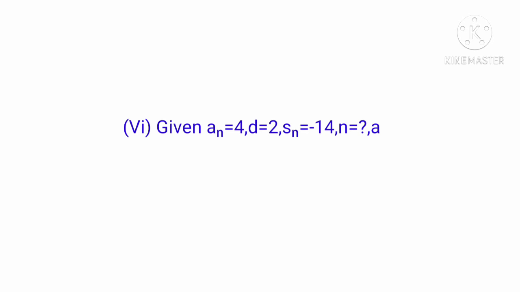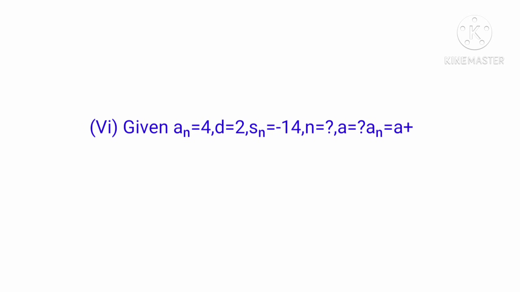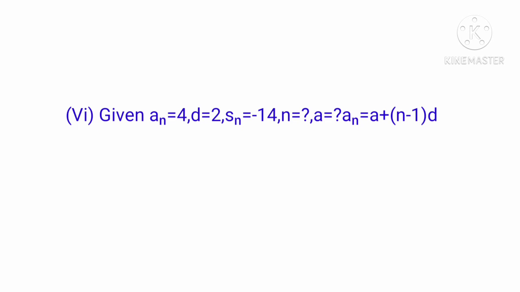Next, sixth question, it is given an is equal to 4 and d is equal to 2, Sn is equal to minus 14, then n is equal to how much? We have to find the n value and a value. An is equal to a plus n minus 1 into d.